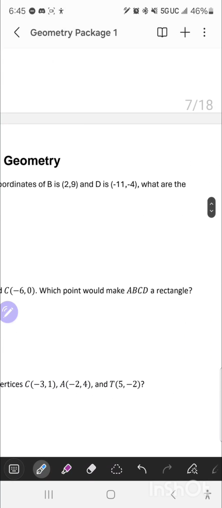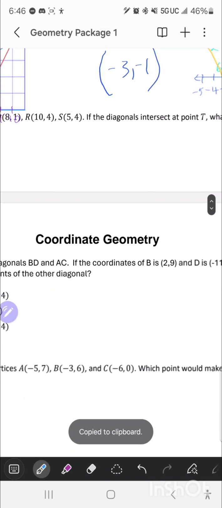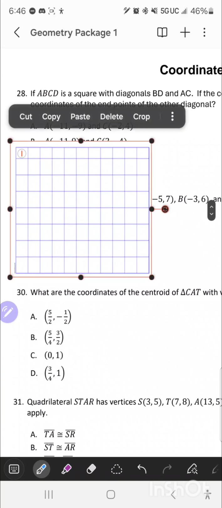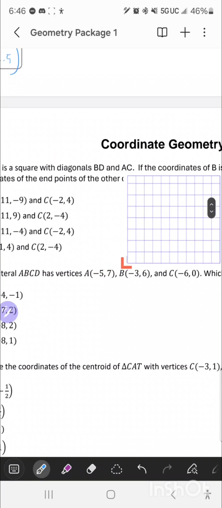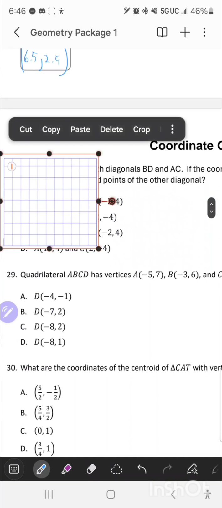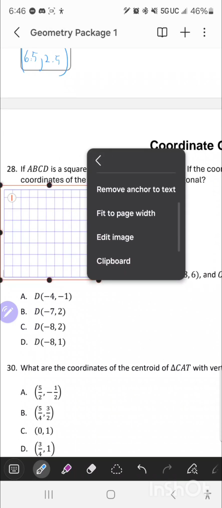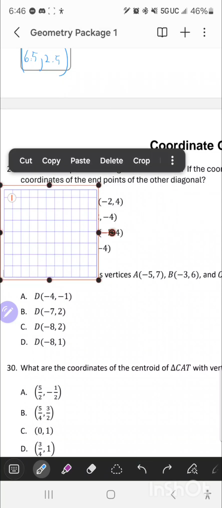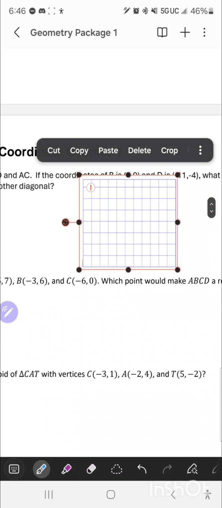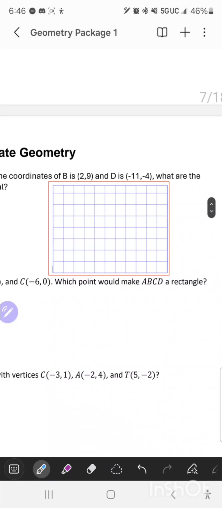Now, I want to use the square paper again. I'm going to make it a scale, so paste. Maybe smaller. Here we go. Now put it here.